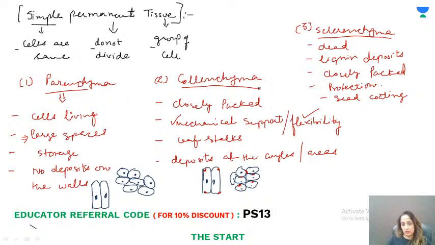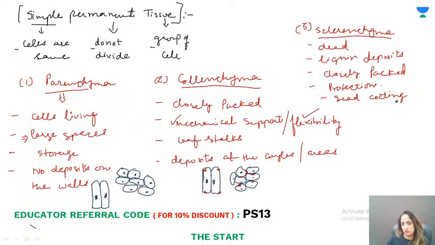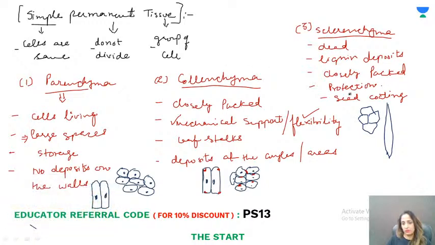Now if we talk about sclerenchyma, see, these are the cells and these are dead. They are very tightly packed. They don't have any empty spaces between them as we have in parenchyma.